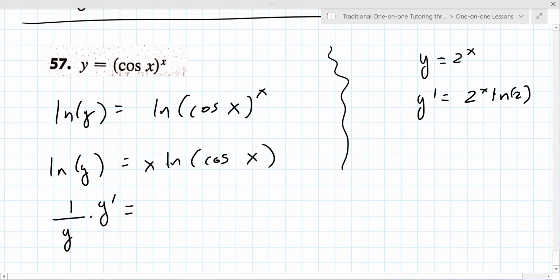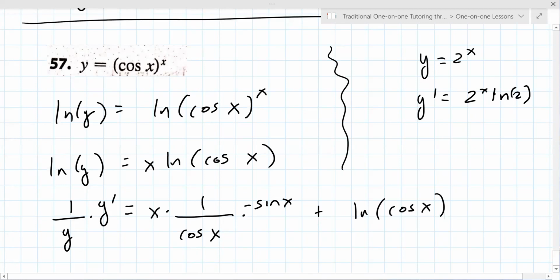Now this product rule requires a chain rule part. So it's x times 1 over cosine x times the derivative of cosine, which is minus sine x, plus natural log cosine x times 1.